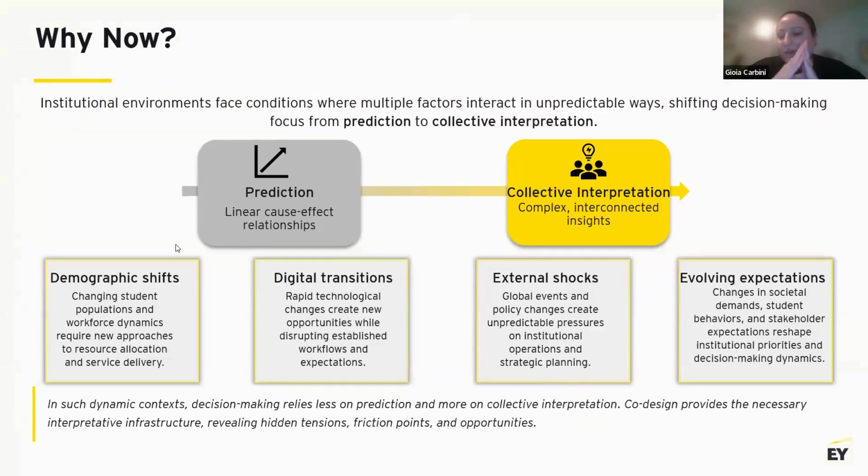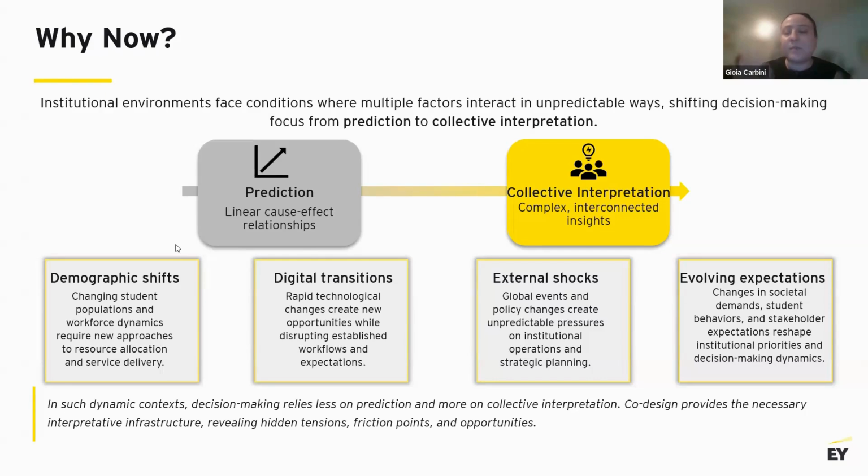And so when we think about the current dynamics that lead us to consider that co-design is gaining relevance, it's not because participation has become more fashionable in some sort of way, but because institutions and institutional scenarios have become more complex.